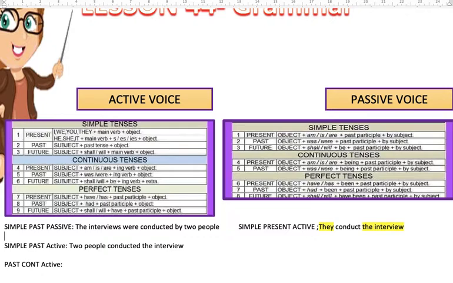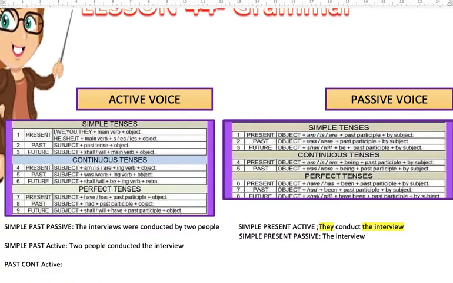If we were to change it to passive, we will bring object to the front. So we look at here, present: object, am, is, are plus participle plus by subject. So simple present passive would be the interview, only one session, so it is singular.